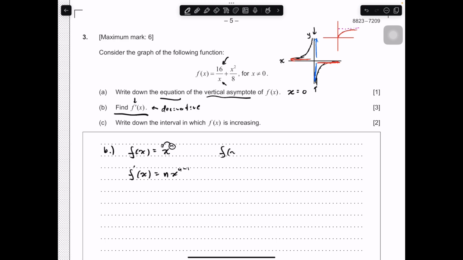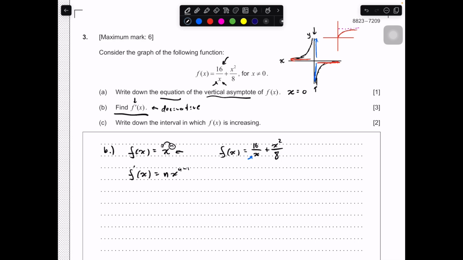But first, we need to take care of this x in the denominator. We have 16 over x plus x squared over 8. But we can't yet work with this x in the bottom, because it's not in the form of x to the n. So let's make sure that there are no variables in the denominator.